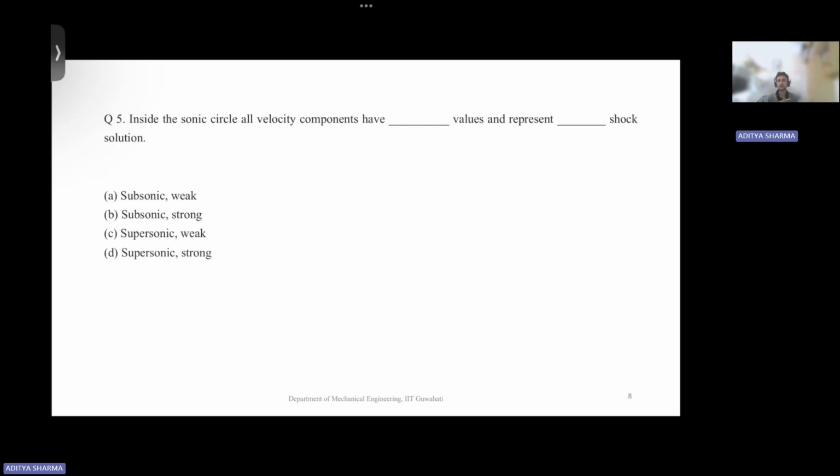The question asks about your sonic circle. Inside the sonic circle in a shock polar, all the velocity components have dash values and represent dash shock solution, dash oblique shock solution.